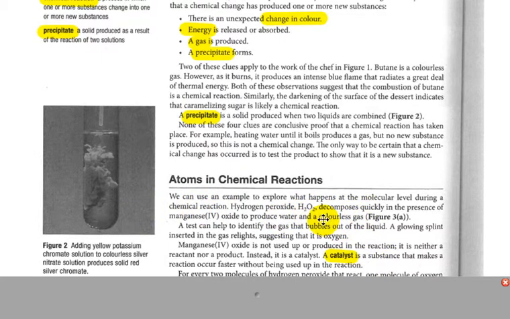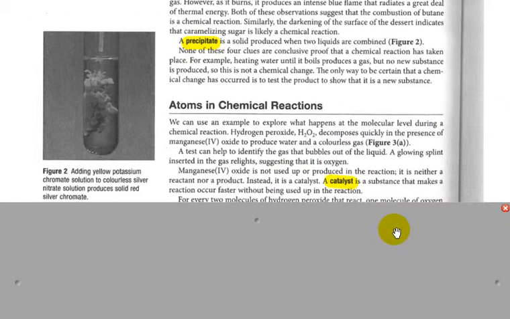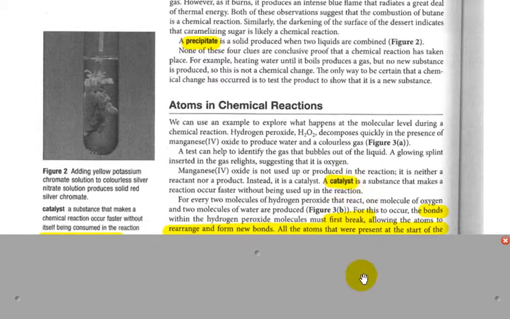Hydrogen peroxide naturally breaks down. If you open up a bottle of it from the drugstore or supermarket, it automatically breaks down. But if you have it in the presence of manganese(IV) oxide, it helps break it down even quicker. And the interesting thing here is that manganese(IV) oxide remains the same. It acts as something to help the reaction, doesn't get changed itself, and is referred to as a catalyst.